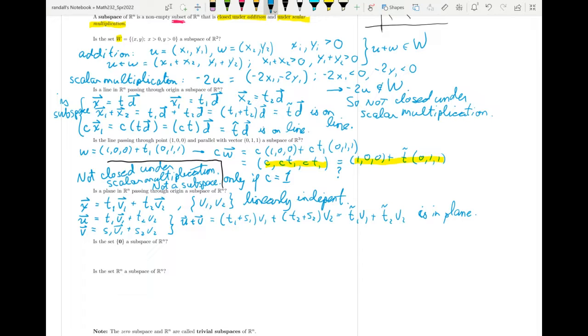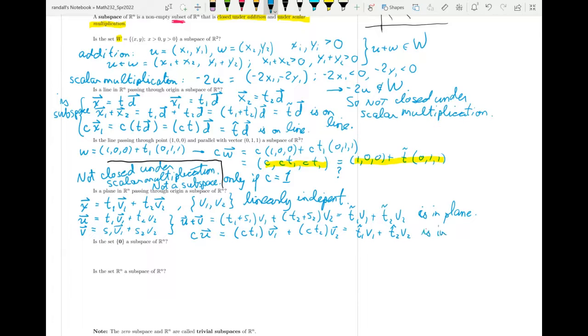And let's check scalar multiplication. I'll take a scalar c and this vector U. What are its components? It's going to be c times T1 times V1 plus c times T2 acting on V2, which again I see to be a certain scalar multiplying V1 plus a certain scalar, which I'll call T2 hat, multiplying V2.